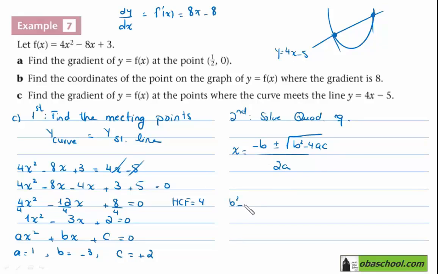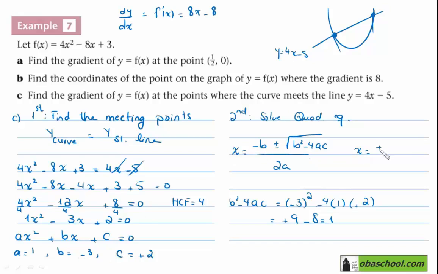Let's find the discriminant, that is b squared minus 4ac equal minus 3 squared minus 4 multiplied by 1 multiplied by plus 2. This is equal to 9 minus 8, then it's equal to 1. The square root of the discriminant is then equal to 1.